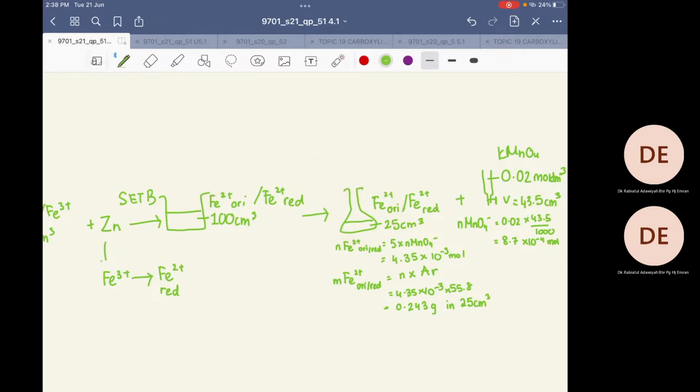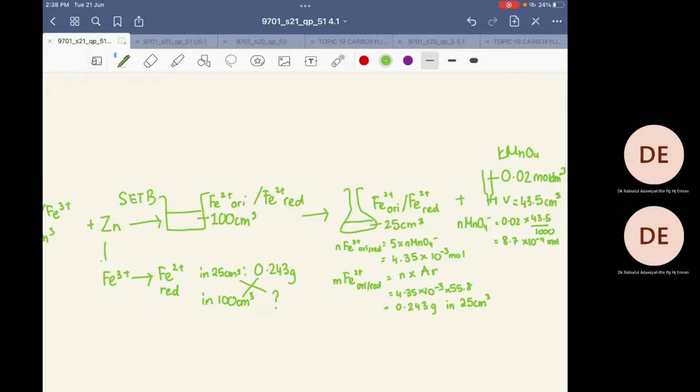So if you have in 25 cm³, the mass of Fe2+ ori and reduced is 0.243 grams, what is the mass in 100 cm³? So you just cross multiply them.